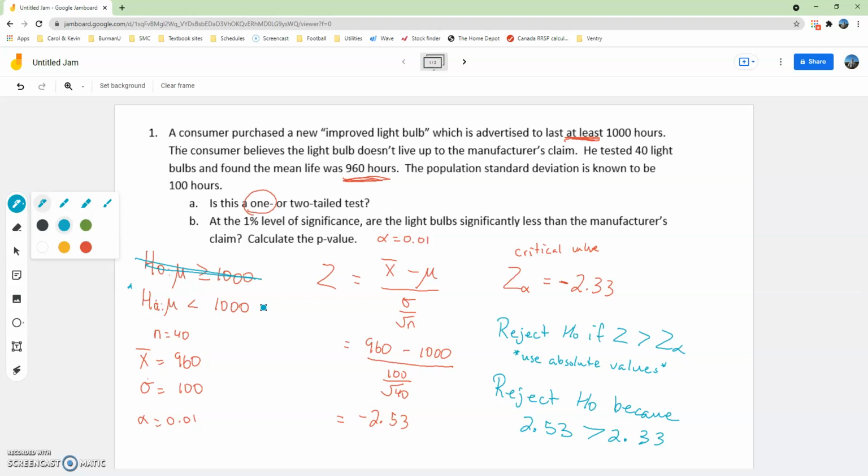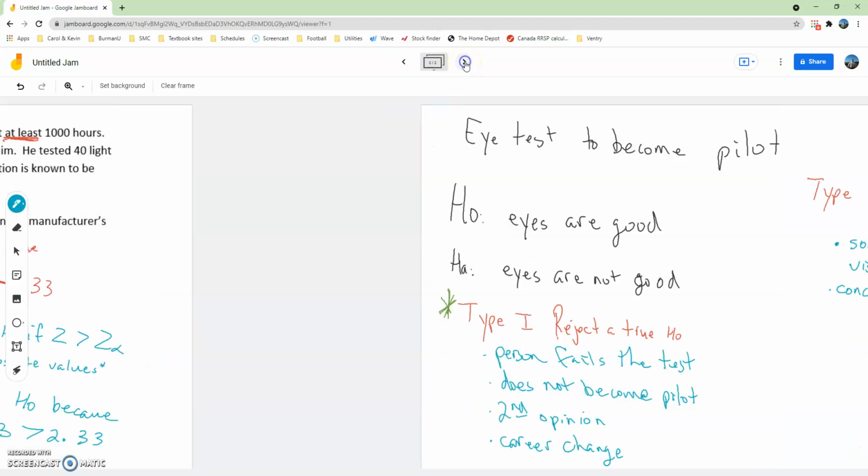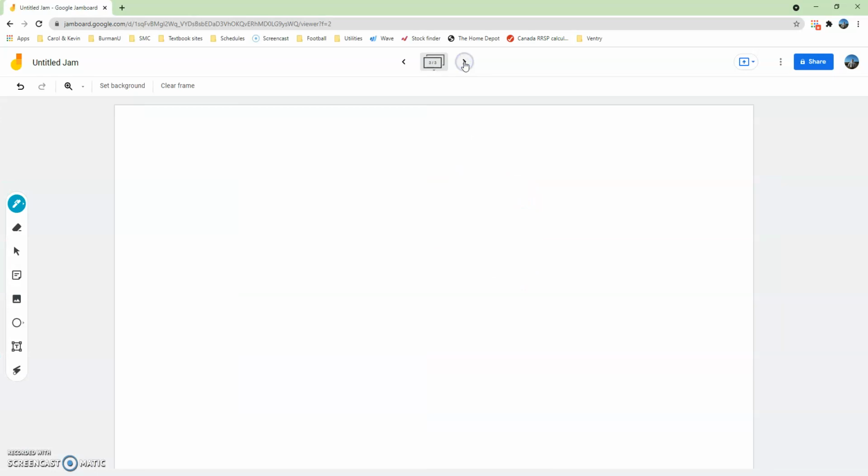So the last part of this is calculating a p-value. Go to a new sheet here and calculate the p-value. And just as a reminder, we have already the test statistic, 2.53. So this is how we're going to find the p-value.